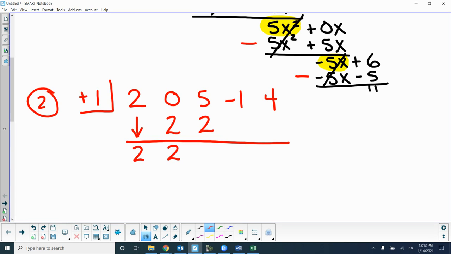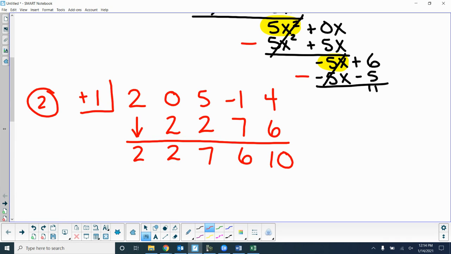What goes here, JR? Add. 7. Thank you. Grace. What goes here? Good. Hannah. What goes here? Good. Drake. What goes here? 6. Good. Abigail. What goes here? 10. Very good.